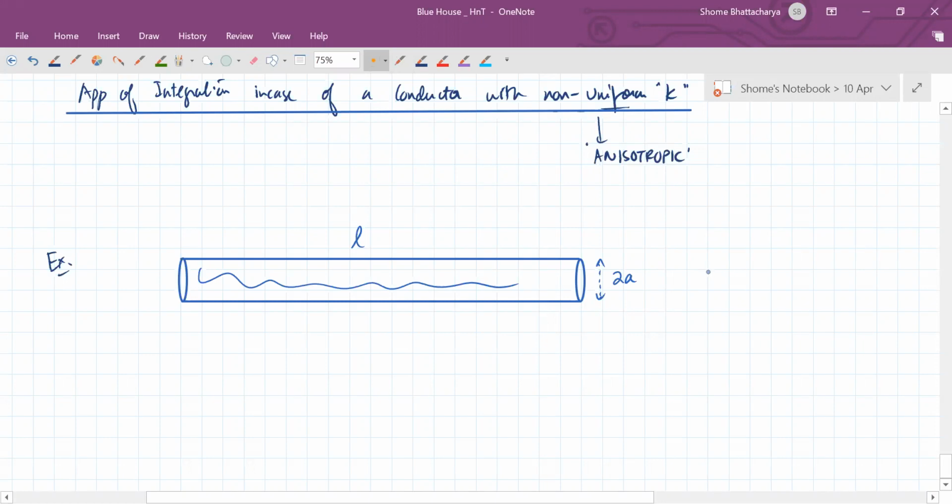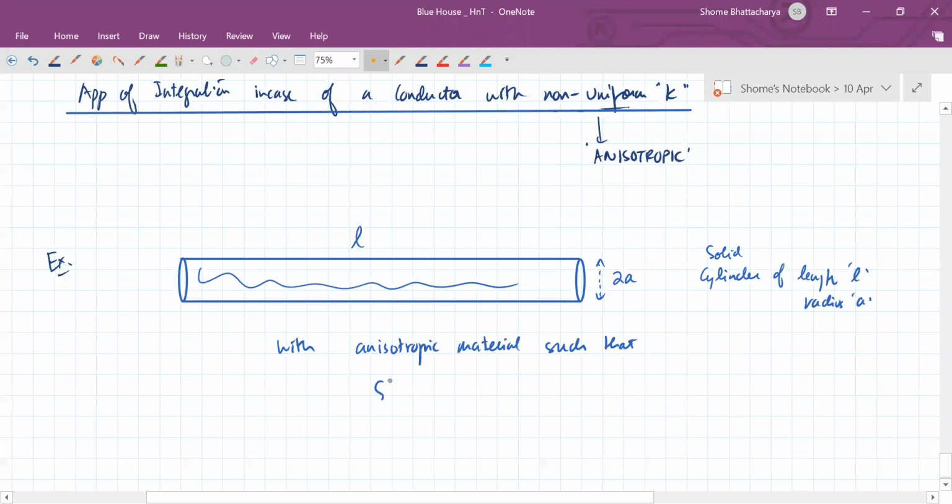Okay, so a solid cylinder of length L, radius A, but with anisotropic material, such that it is given that the thermal conductivity is a function of x.